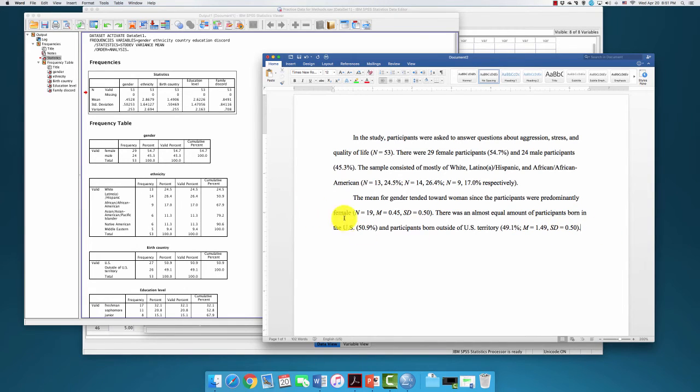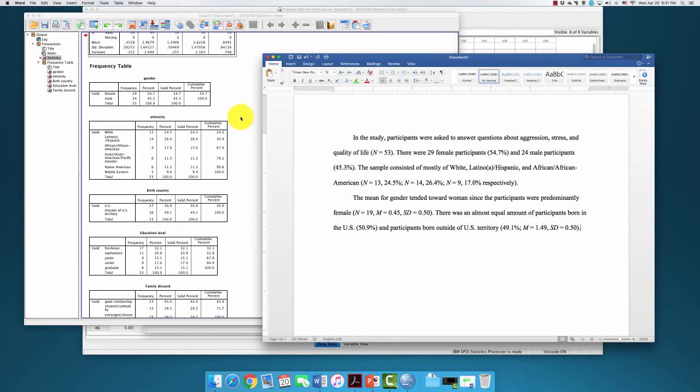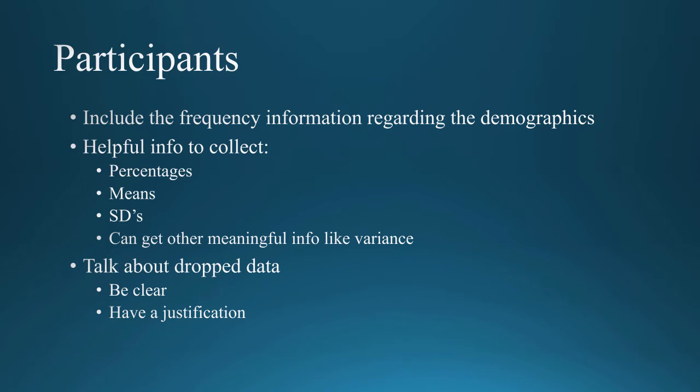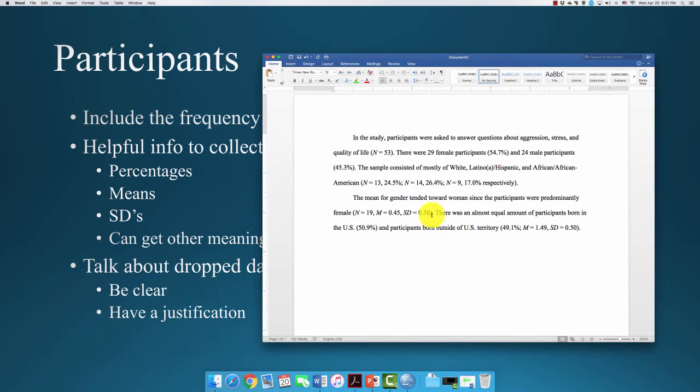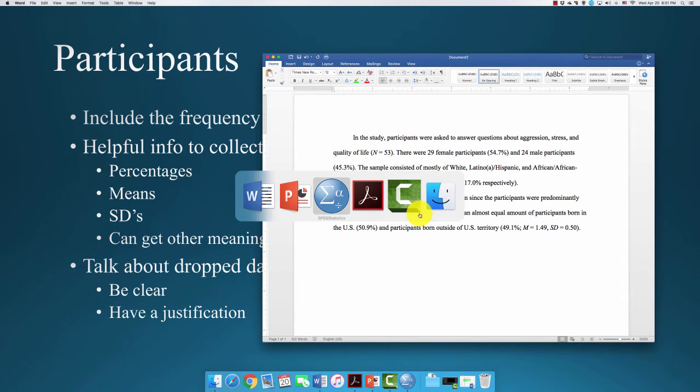So there are plenty of ways to write it. Just look up articles if you want more examples, or if you need help, just shoot me an email, please. Okay, and let me just double check what's on here. Variance. A lot of people normally don't include variance because all you have to do is square the standard deviation.